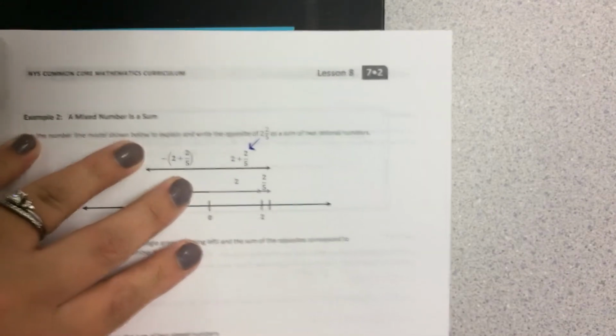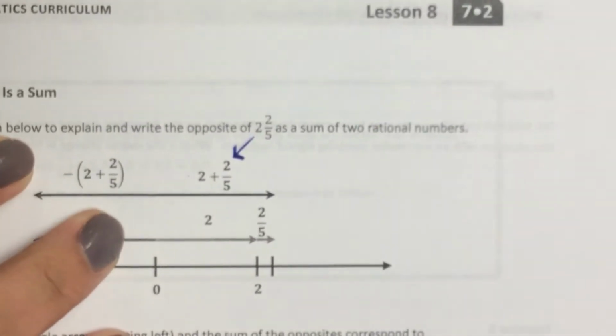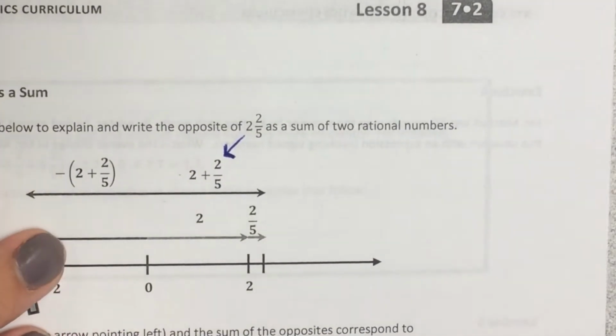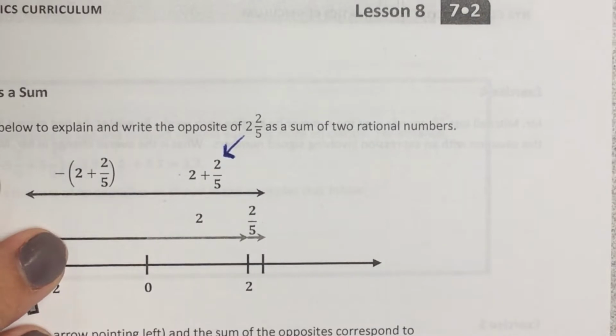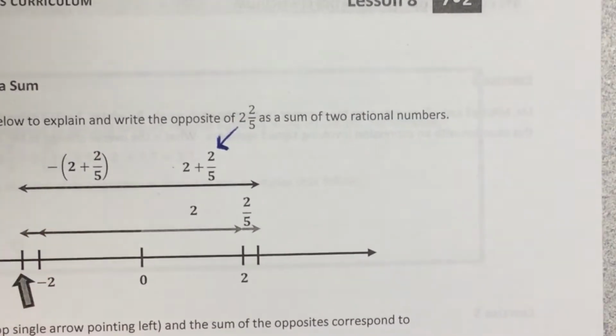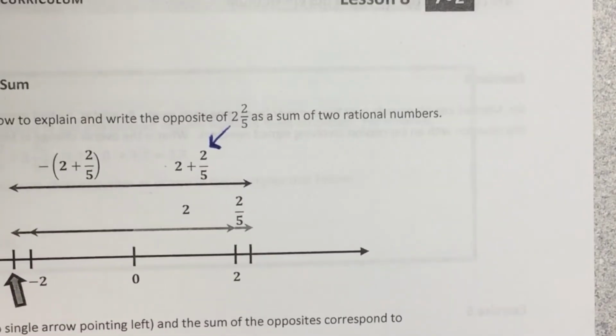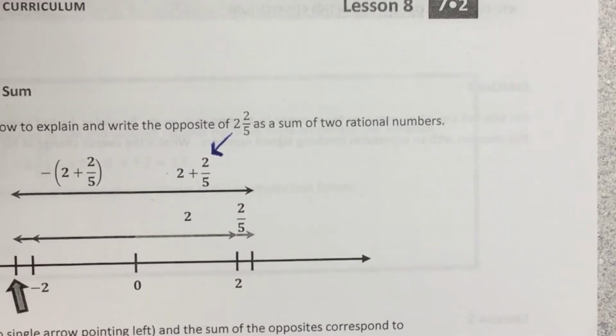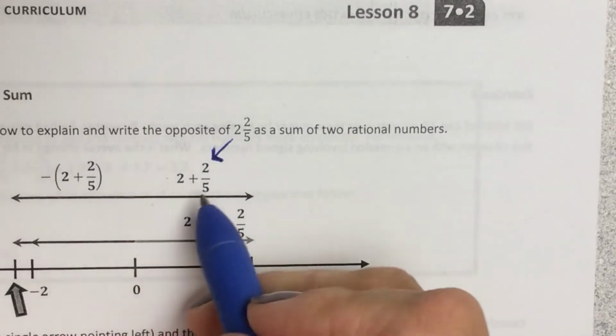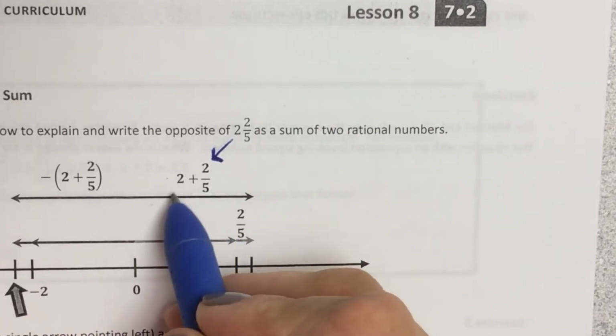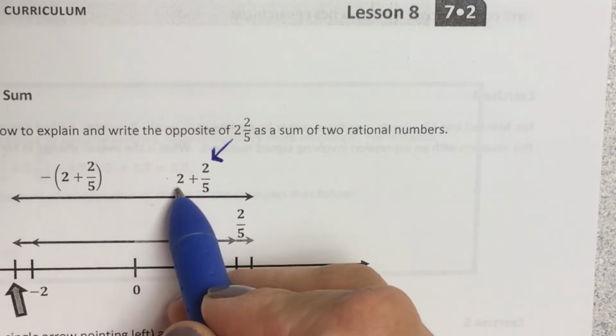They want you to think about that number as being 2, the whole part of the number, and 2/5, the fraction part of the number. But what they want you to also understand is that when you break that apart, you can find the opposite of simply that part. So for example, I can take 2 2/5, and the opposite of 2 is -2.